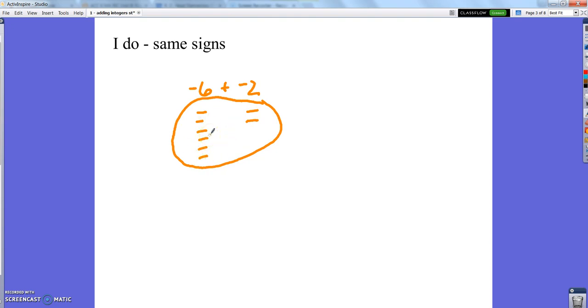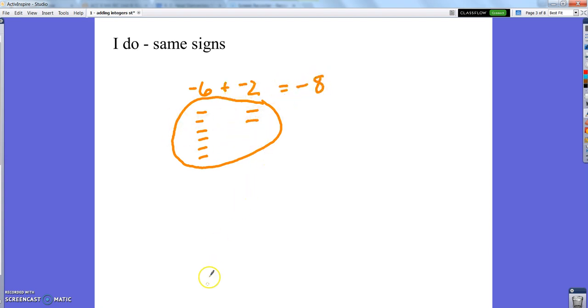When they're all together, I look and say, what do I have? I have negative 1, 2, 3, 4, 5, 6, 7, 8. I have 8 different negative signs in my bag. So negative 6 plus negative 2 is negative 8.